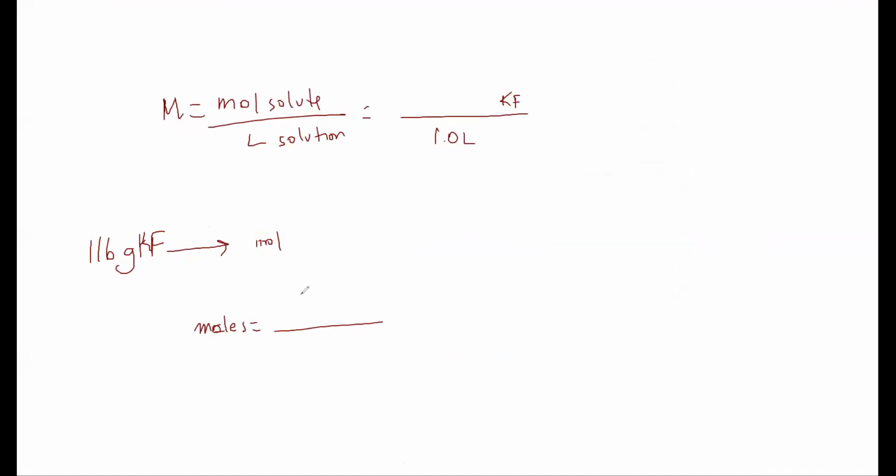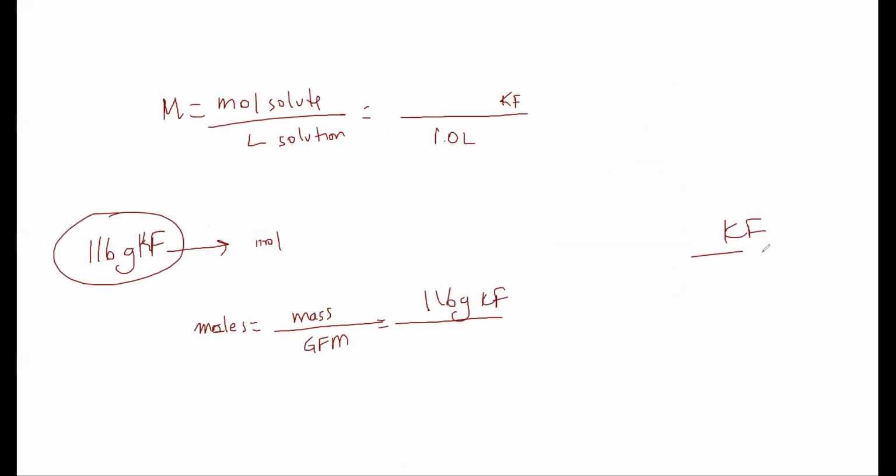What mass did they give us? They gave us 116 grams of KF. We have to calculate the gram formula mass of KF. We have K and F, and if we look at the formula, we have 1 and 1.